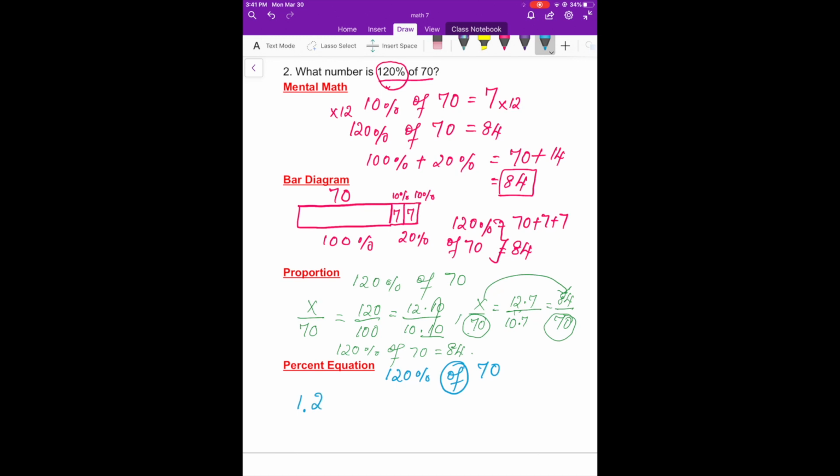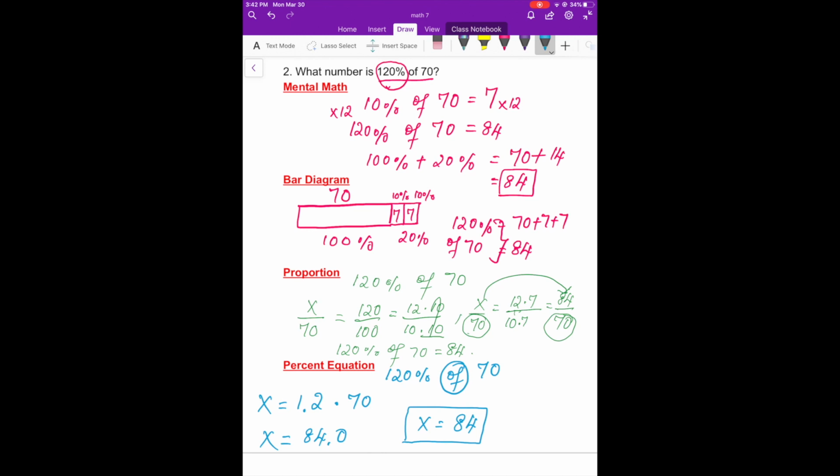It's more than 1, so it's 1.2 times 70. So x is equal to 1.2 times 70, which, when you multiply, you will get 84.0. x is equal to 84.0. So the answer is going to be 84. 120% of 70 is 84.